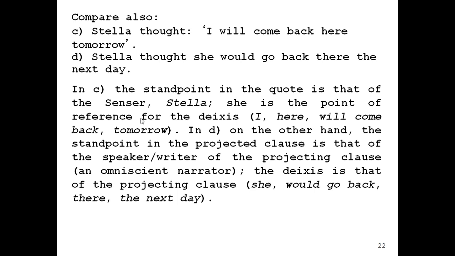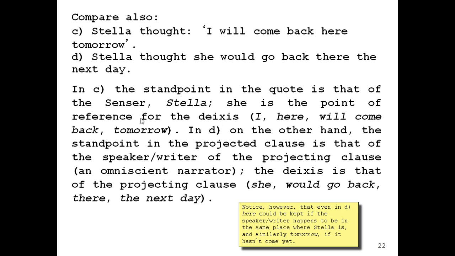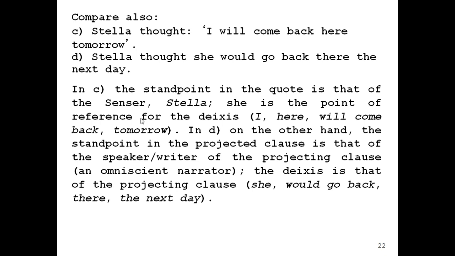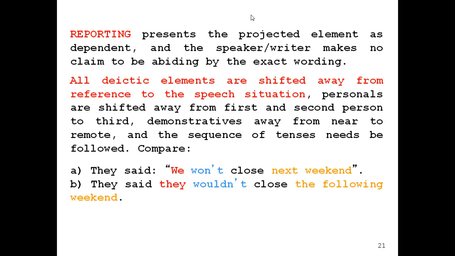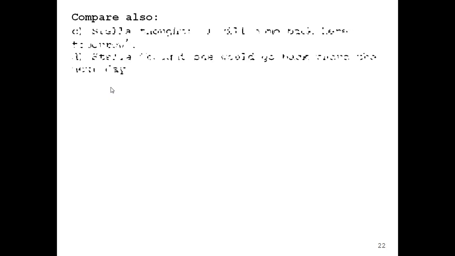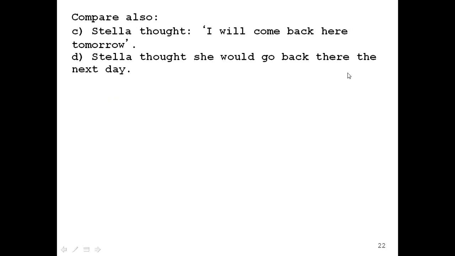So here is an explanation. And concerning the here that you have in C, which becomes a there in D, well, yes, you may have noticed that actually in some situations here would also be possible. Okay, so before, I didn't say only tense. Tense is obviously time deixis, but there are other types of deixis. For example, the here that we have here is, what is it?